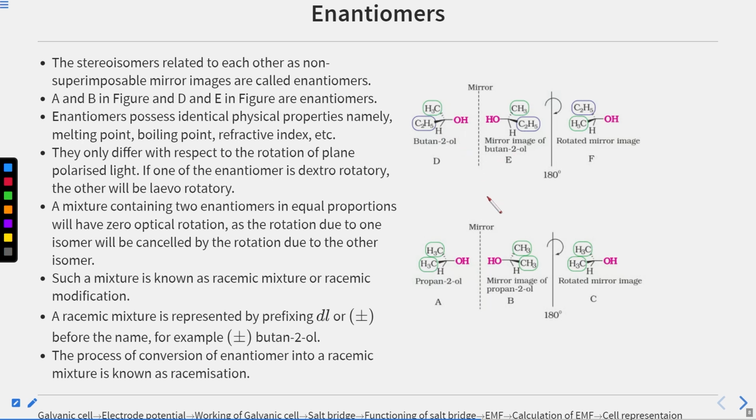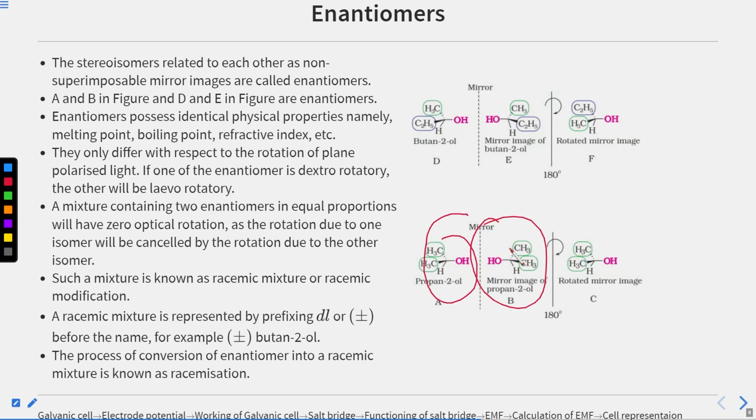So if you take this example, here A and B are mirror images of each other. Now since this carbon does not have 4 different groups, if you place one on the other, they can be easily kept on one another.